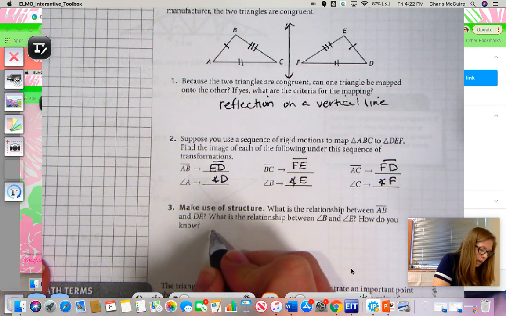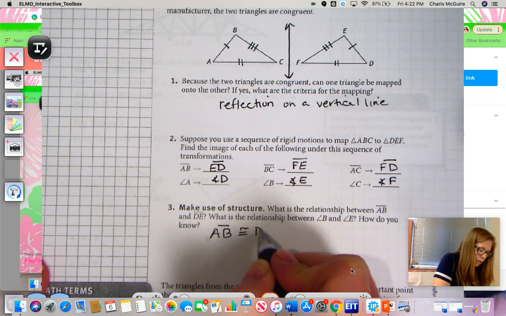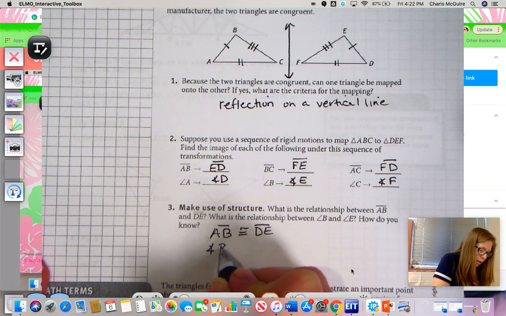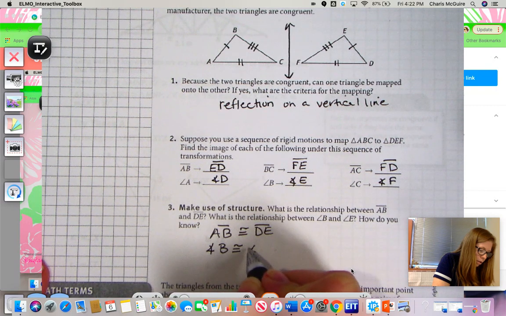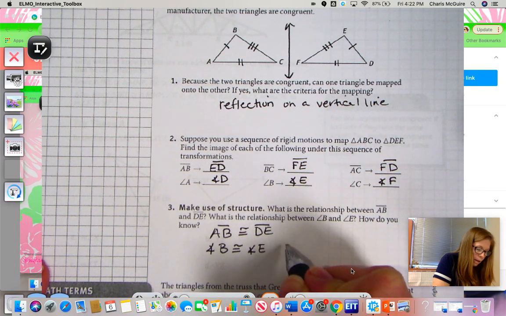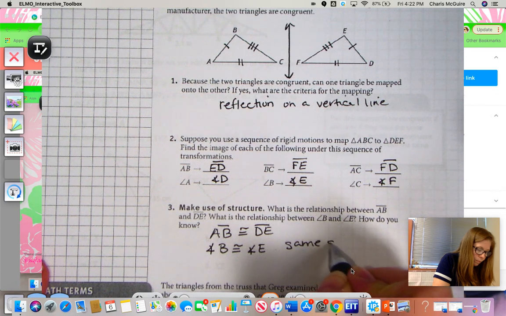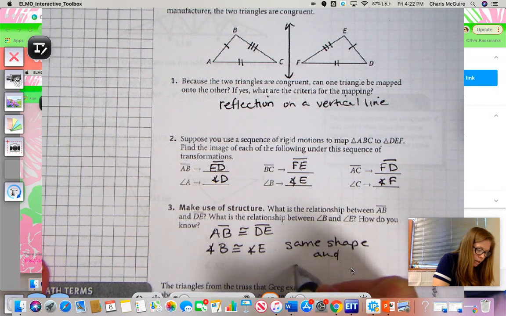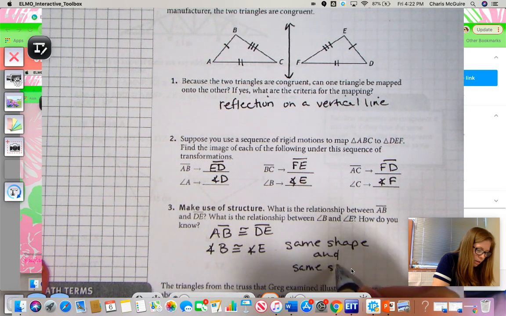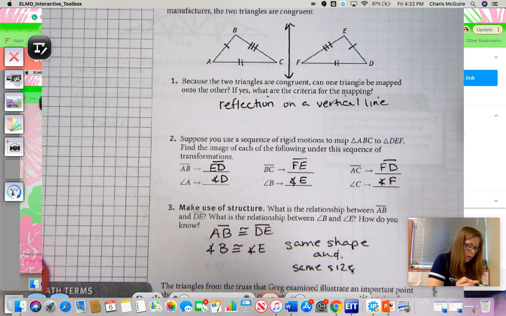So we're going to say AB is congruent to DE and angle B is congruent to angle E. Same shape and same size when we match them up.